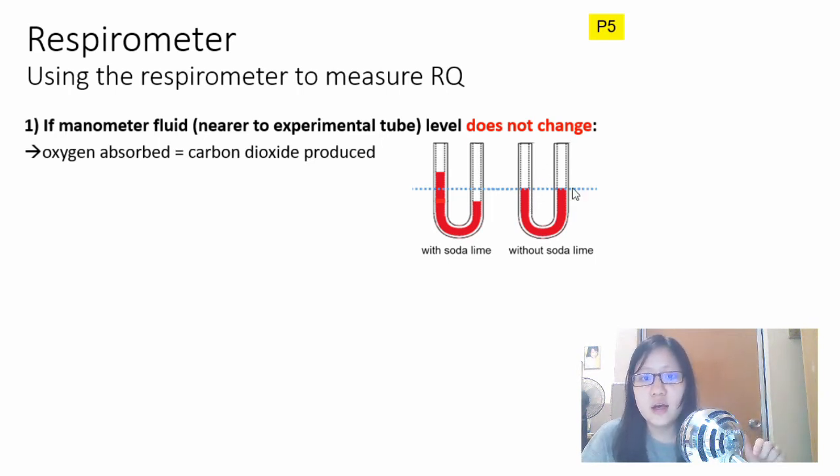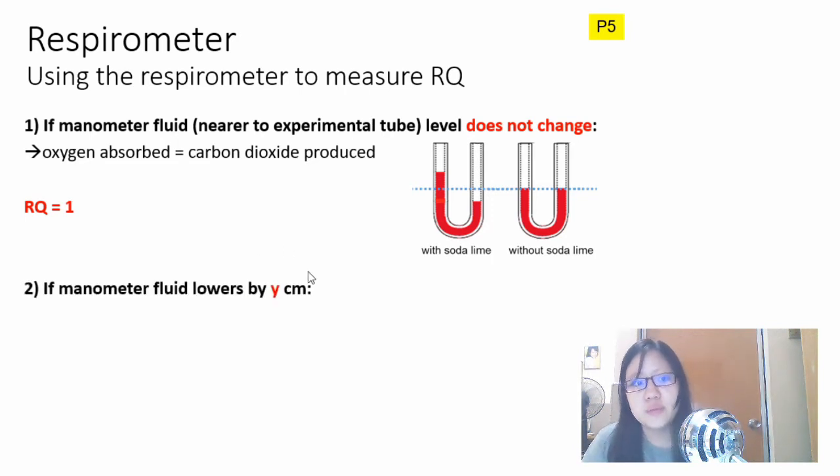So if it looks like it does not change here, the final result still at the same line, this means that oxygen absorbed equals carbon dioxide produced, and the respiratory quotient is 1. So this means that aerobic respiration of glucose is going on.